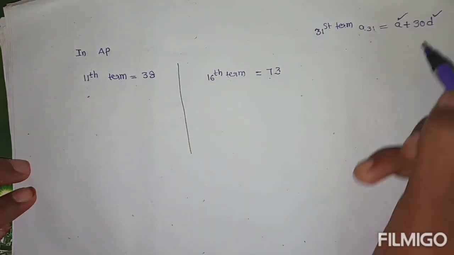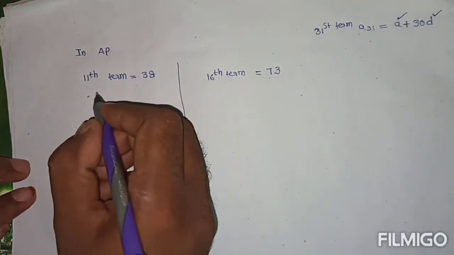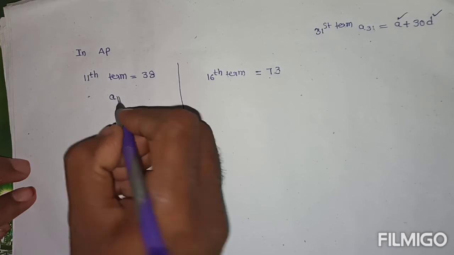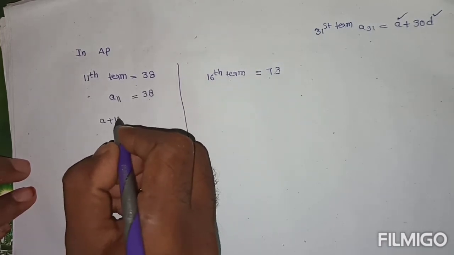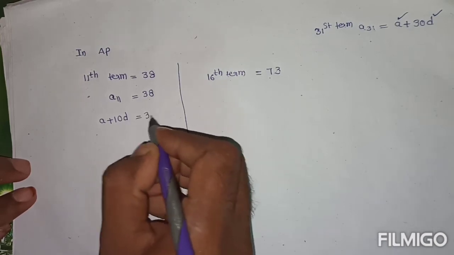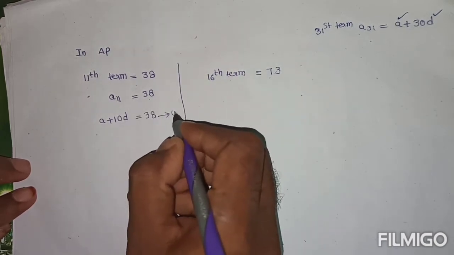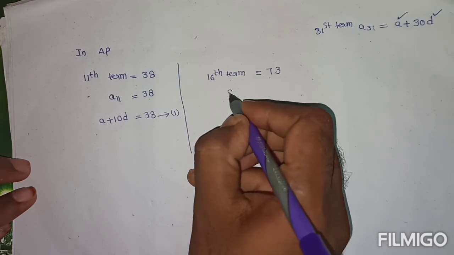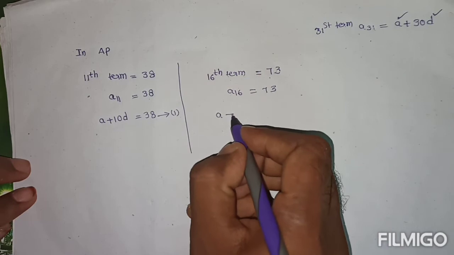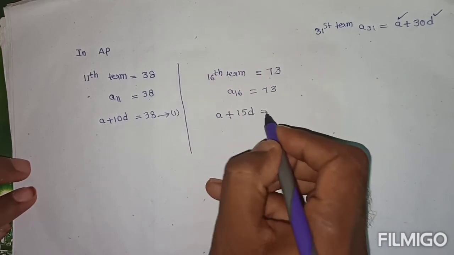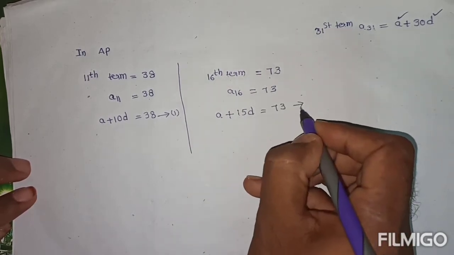And substitute. The 11th term means A11 is equal to 38. A11 is written as A plus 10D equal to 38, equation number 1. Next, A16 is equal to 73. A16 is A plus 15D equal to 73, equation number 2.